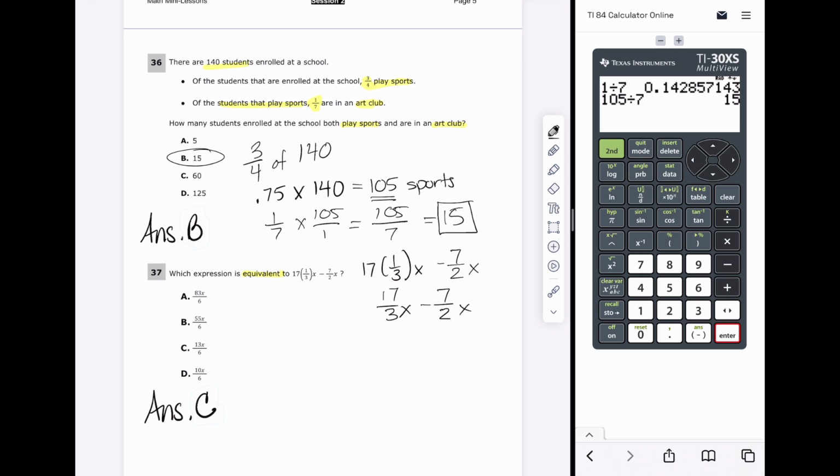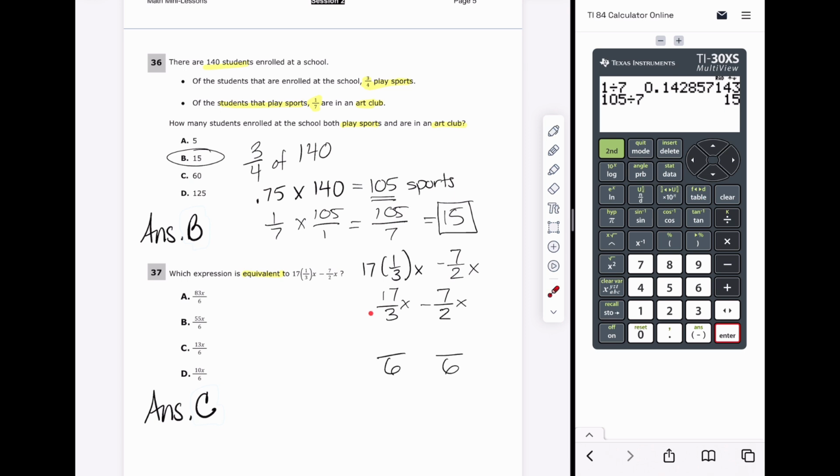I do want my denominators to be the same. So I know that what would make them the same here is if both of these were a 6.